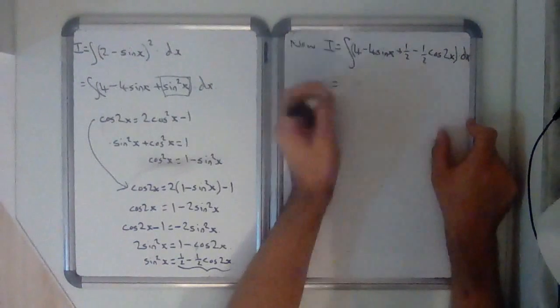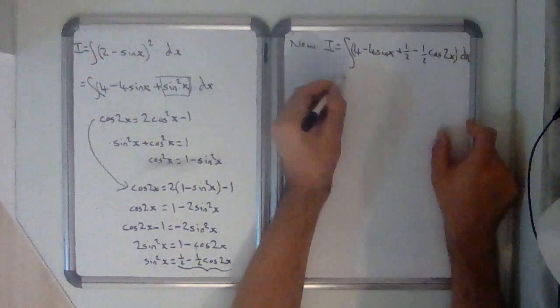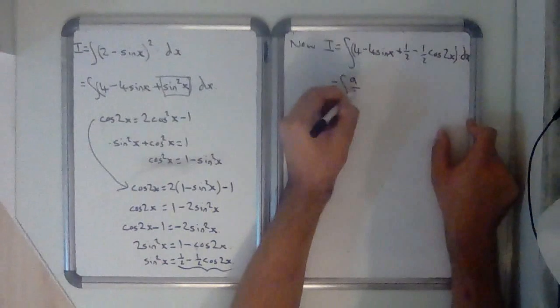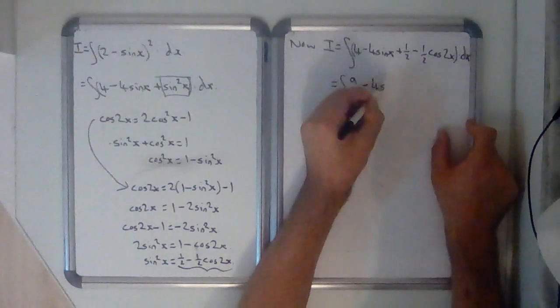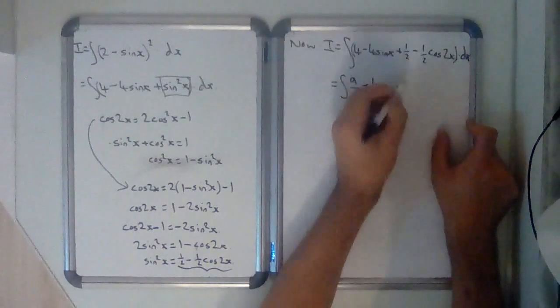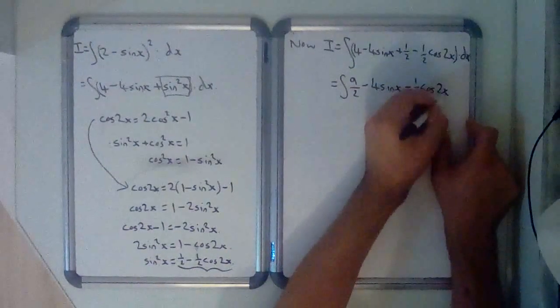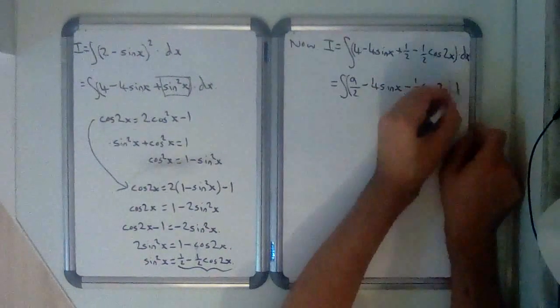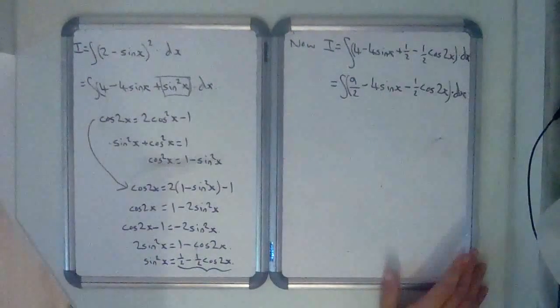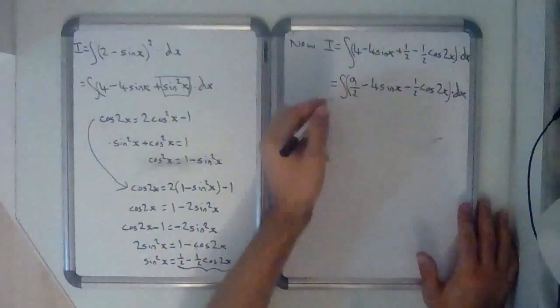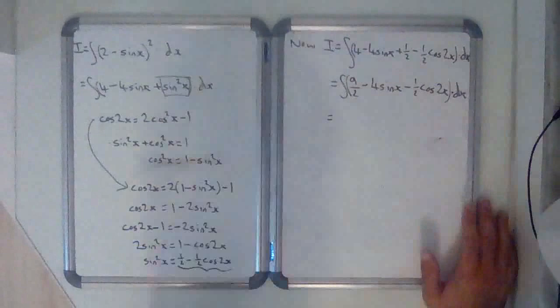So 4 plus 1/2 is 9 over 2, so the integral equals the integral of 9 over 2 minus 4 sine x minus 1/2 cos 2x with respect to x.